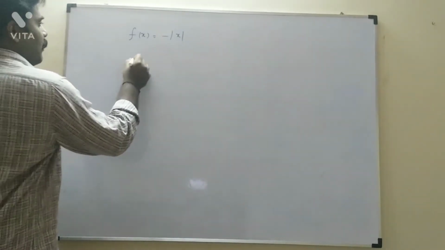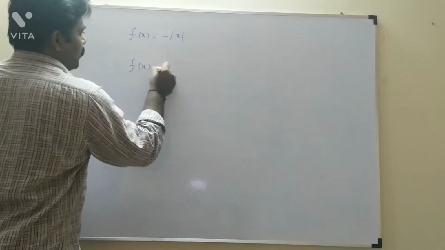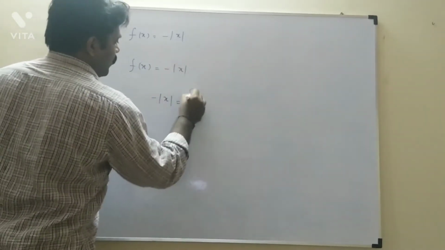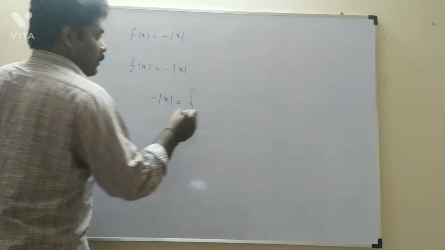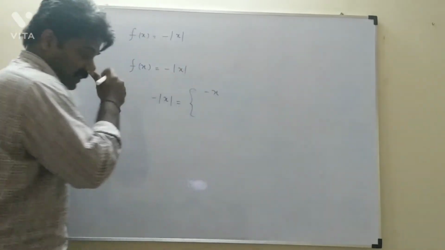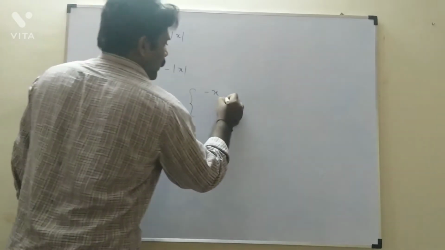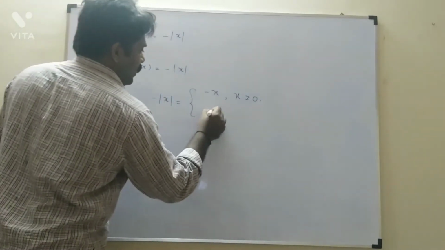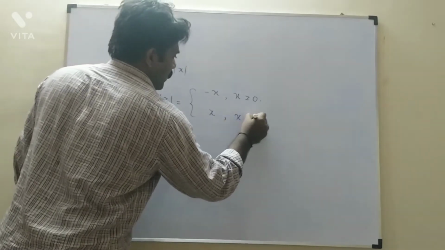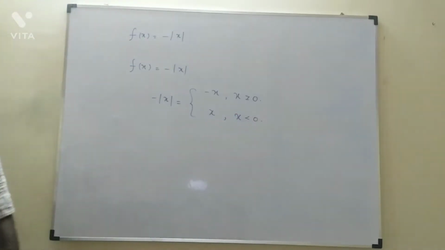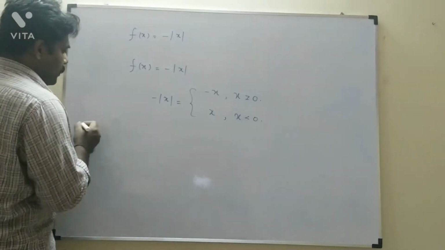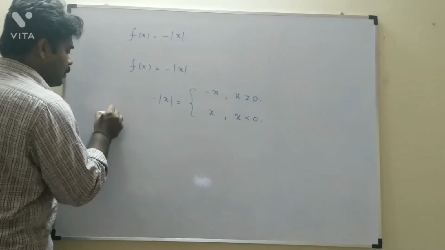So this f of x, that is nothing but minus of modulus of x, would be defined as minus x if x value is greater than or equal to 0, and as x if x value is less than 0. Right?